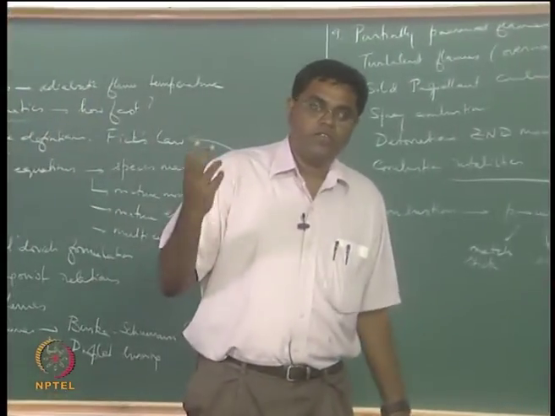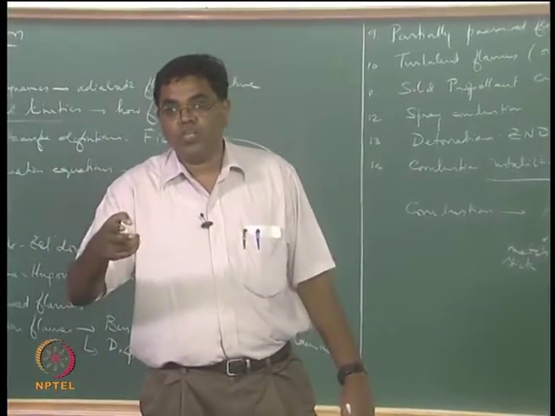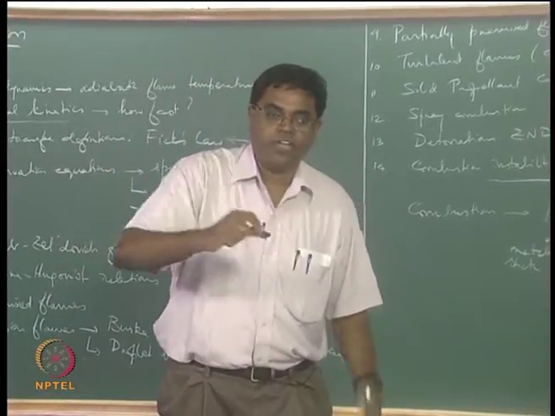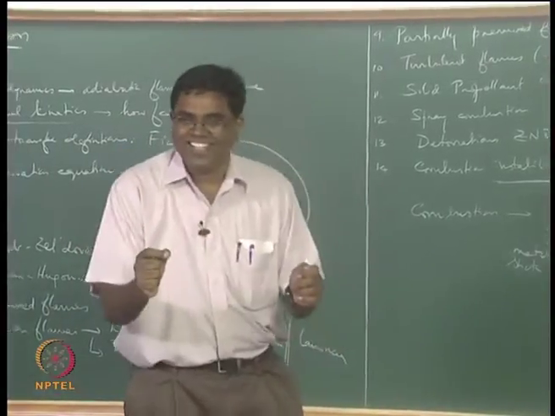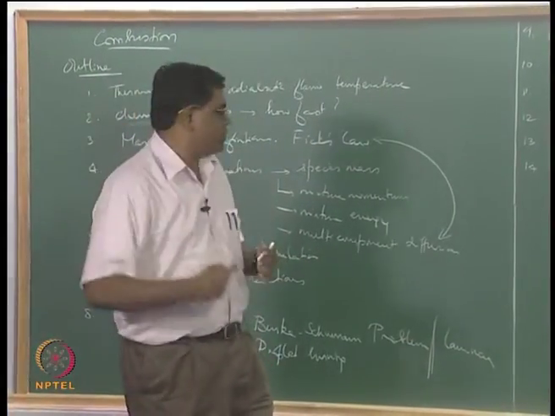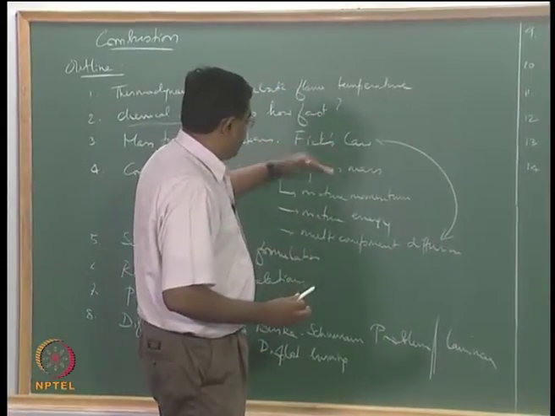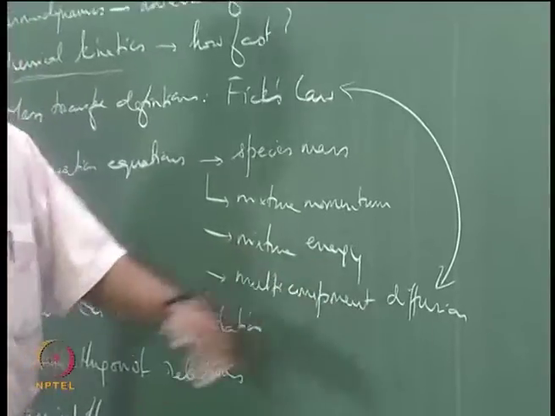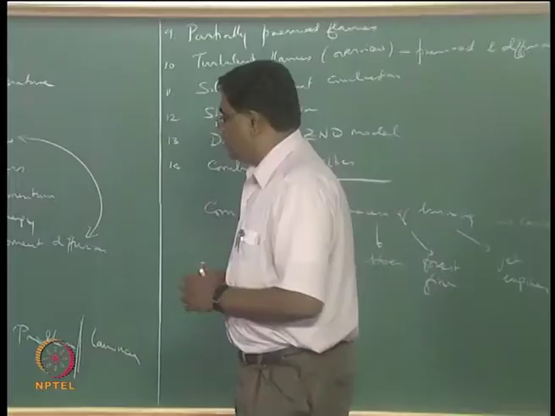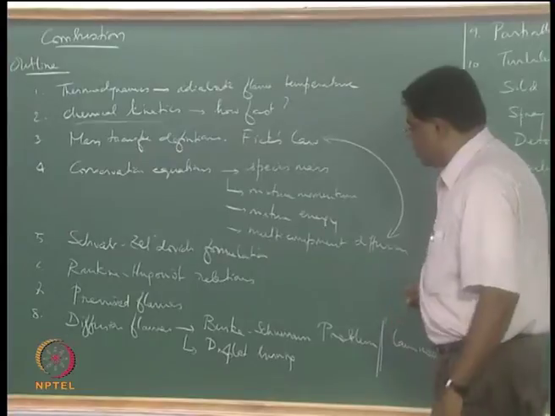Okay, that means you can have only two species in a mixture, and if you want chemical reactions to happen between them, that means one of them should be a reactant, the other one should be a product. Okay, it's not like two of them react with each other, no. Because anytime you have a bunch of reactants, you also have to reckon with products, right? Therefore that's a very restrictive situation for you. So we will have to look at how the multi-component diffusion equation works out for a truly multi-component mixture. Multi-component simply means more than binary, more than two species.